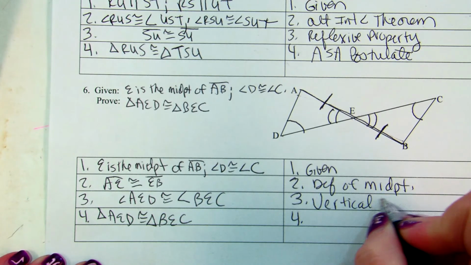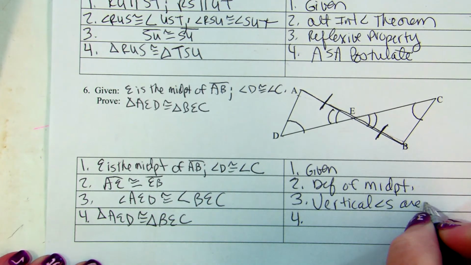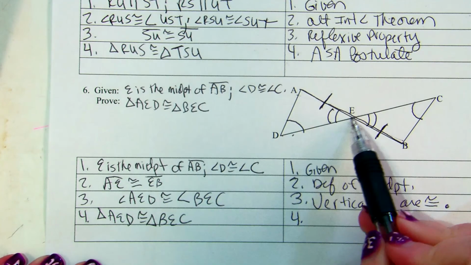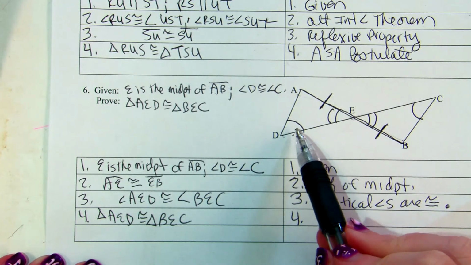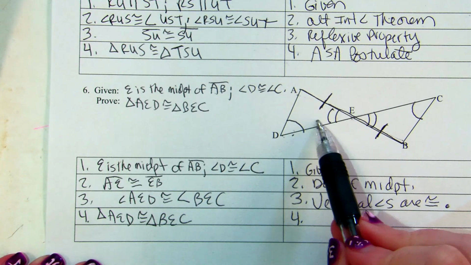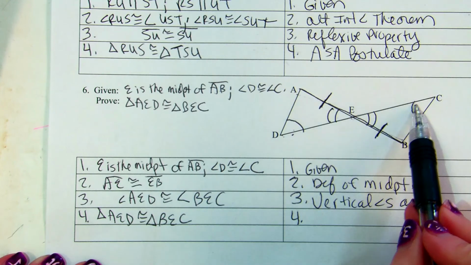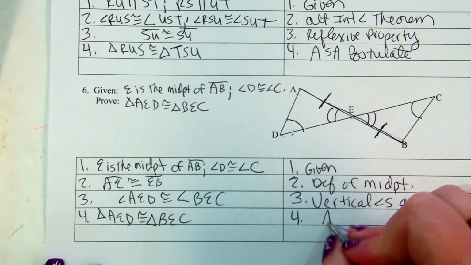Vertical angles are congruent. So why are the triangles congruent? It's not ASA because it's not this side. It's AAS. Angle, angle, side theorem.